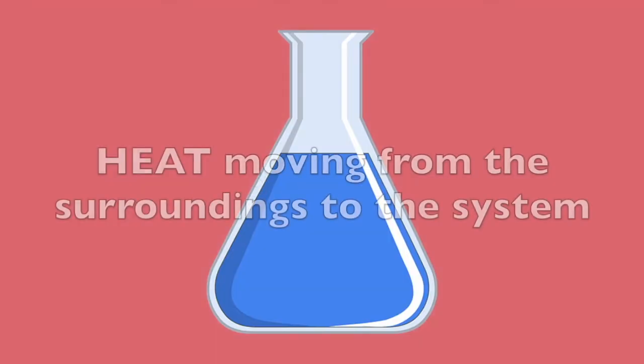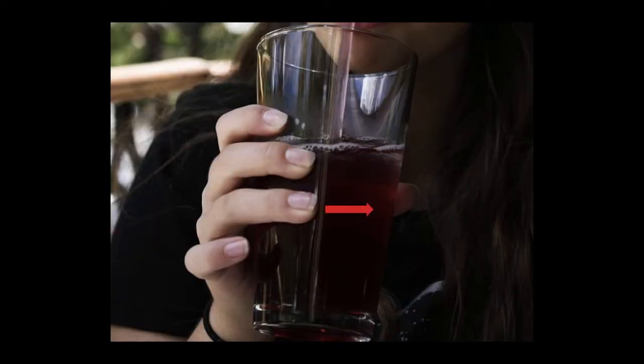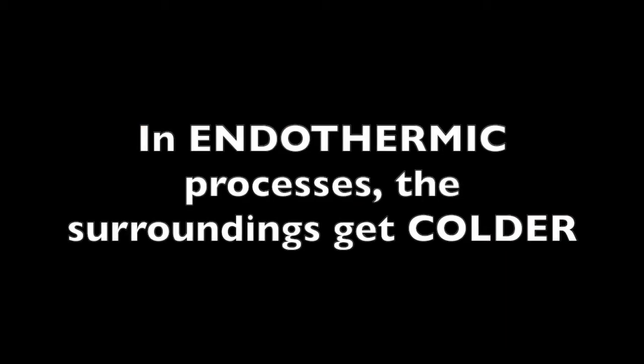The heat that the system is absorbing is coming from the surroundings. In other words, the surroundings are giving up heat to the system. When you hold a cold beverage, your hand gets cold because the system, the cold beverage, is absorbing heat from you. In endothermic processes, the surroundings get colder.